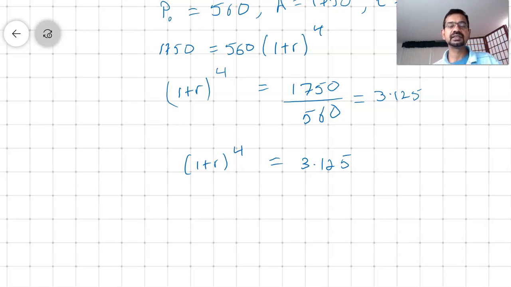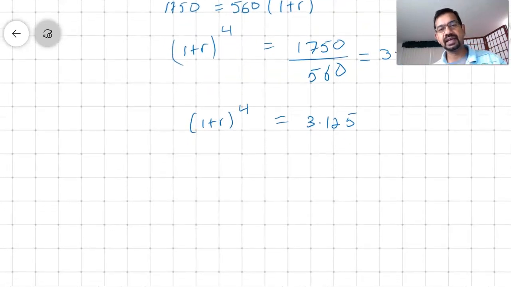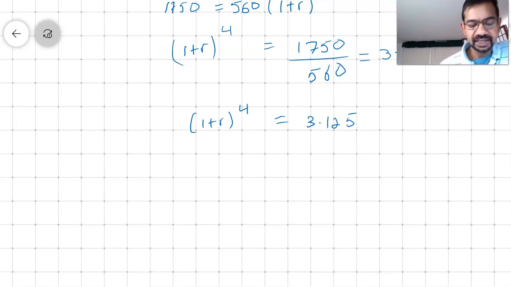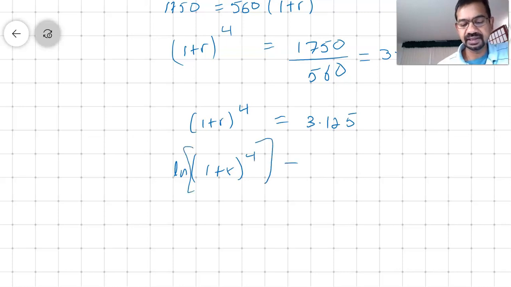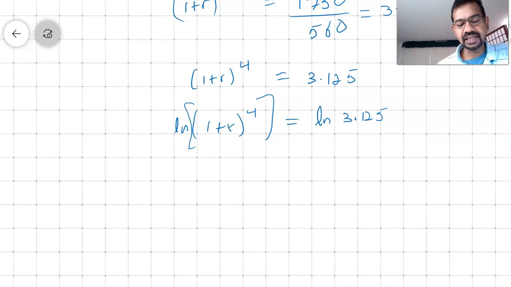Now if we just solve it directly, it can get a little convoluted. So we will use the notion of log and exponential functions and how we can move from one to the other. And we'll take the log on both sides here. We take the natural log of our left-hand side, which is (1 plus r) to the 4th power. I'm going to put all of this in parentheses, equals the natural log of 3.125. And then simplifying our left-hand side, what we get is that 4 times the natural log of (1 plus r) equals the natural log of 3.125.